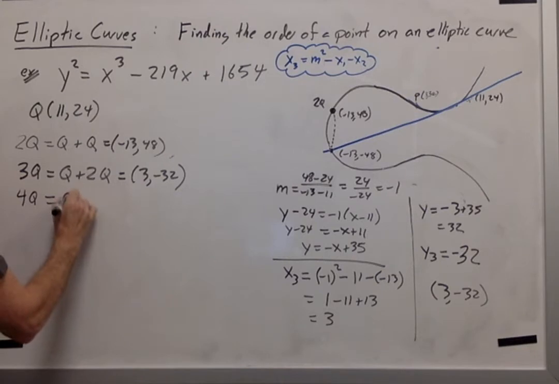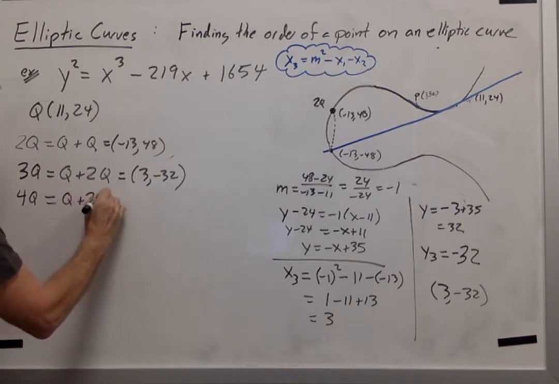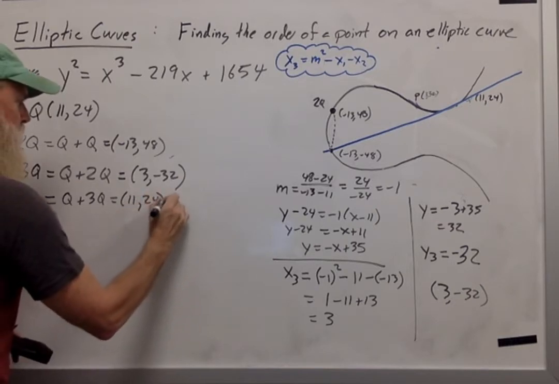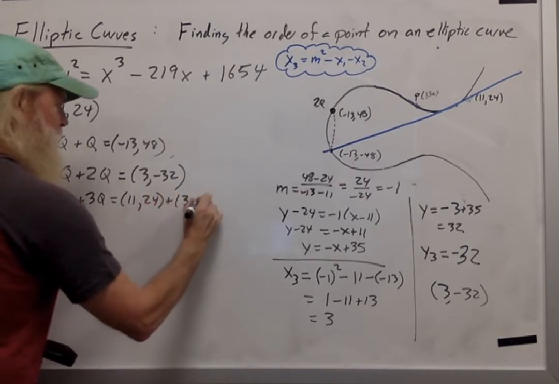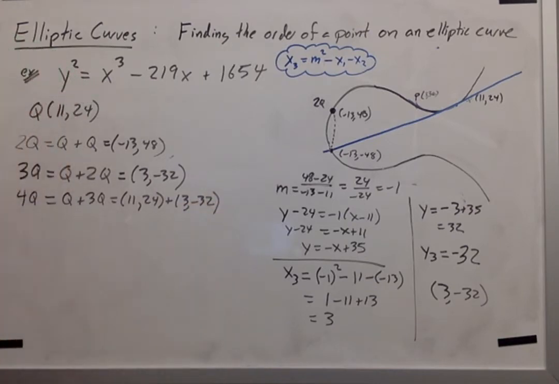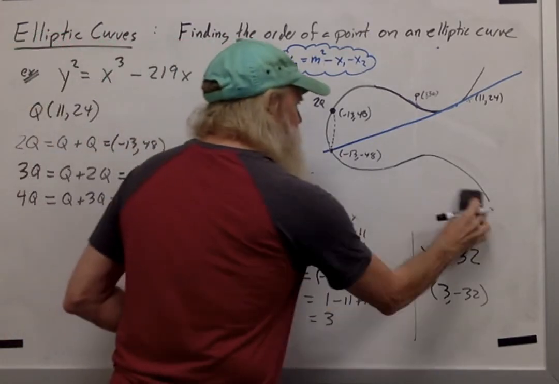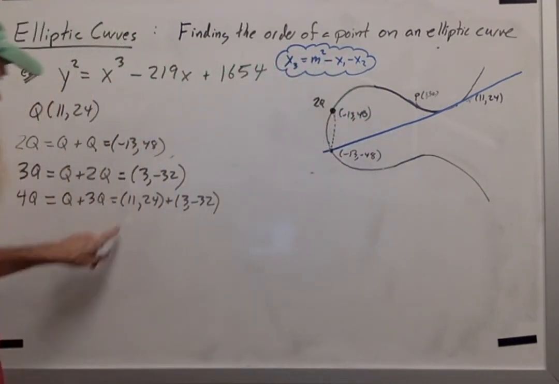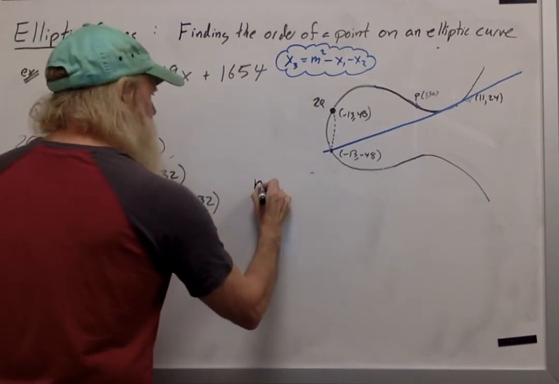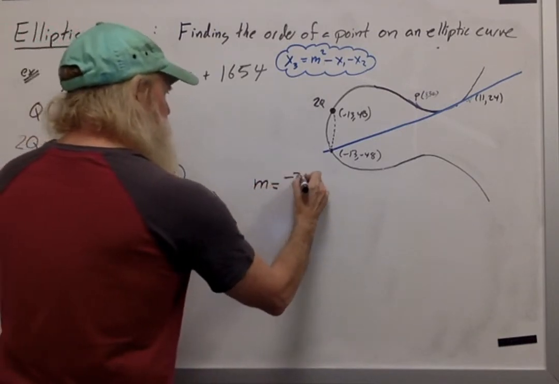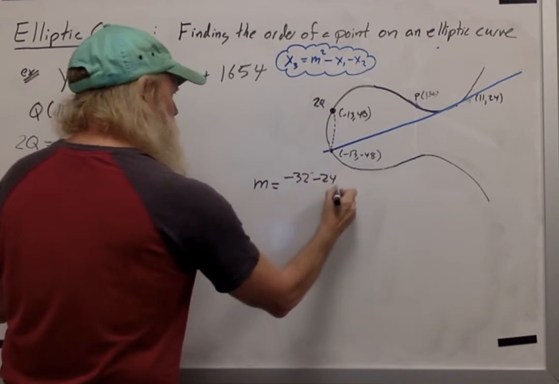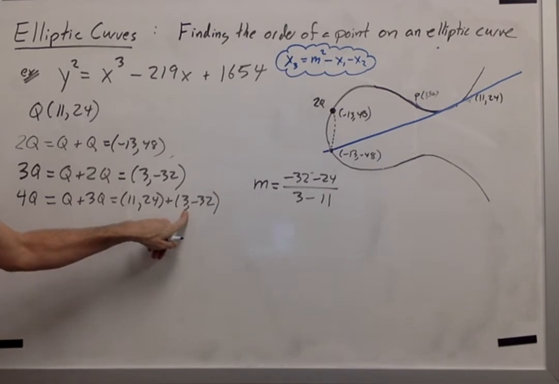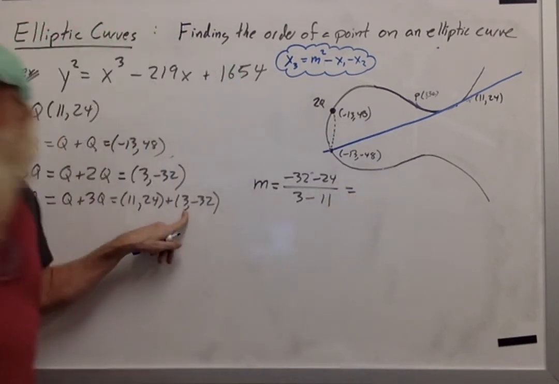4Q is going to be Q plus 3Q, which is (11, 24) plus (3, negative 32). Let's continue as before. The slope is negative 32 minus 24 divided by 3 minus 11, which is equal to 7.